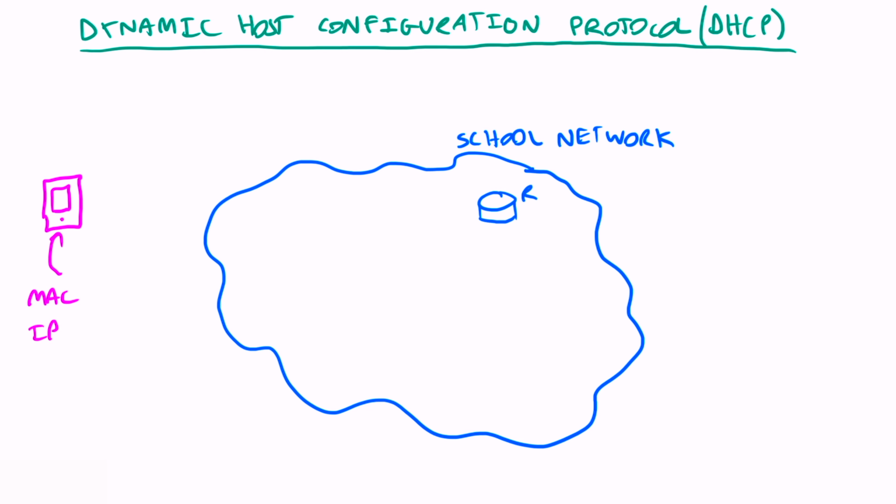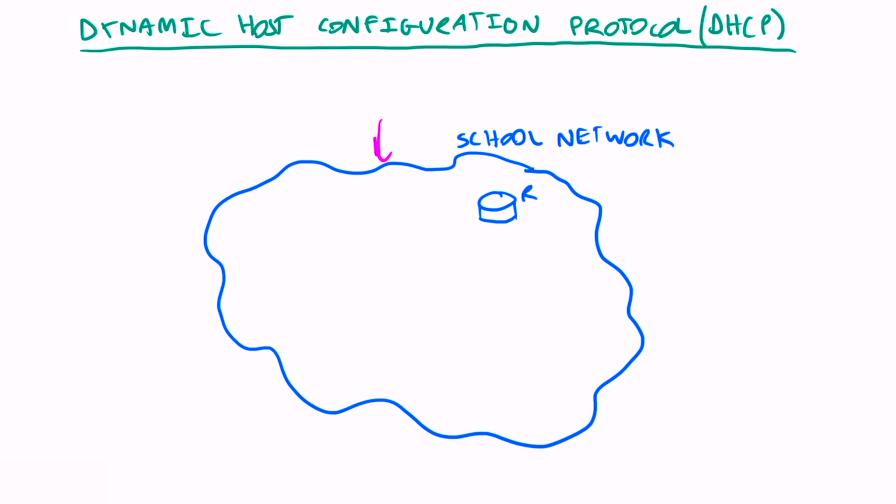The IP addresses that devices have are dynamically assigned, which means given a temporary IP address. And this is why this protocol is called Dynamic Host Configuration Protocol, because we are dynamically assigning IP addresses to our hosts. So let's take a look at how this is done.